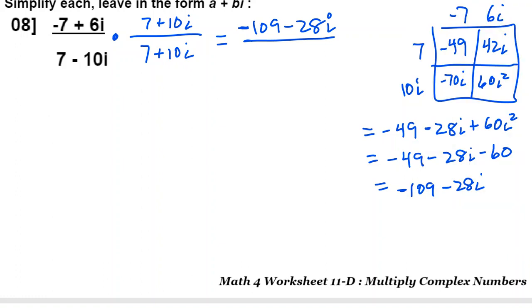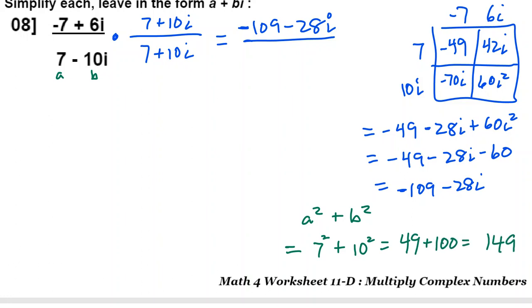And then on the bottom, if that is A and that is B, then A squared plus B squared is going to equal 7 squared plus 10 squared, which is 49, plus 100, which is 149. So that's what that's going to look like. And I think I'm going to leave it that way. Those fractions would get big and ugly in a hurry.